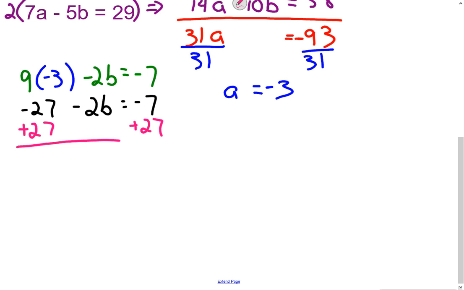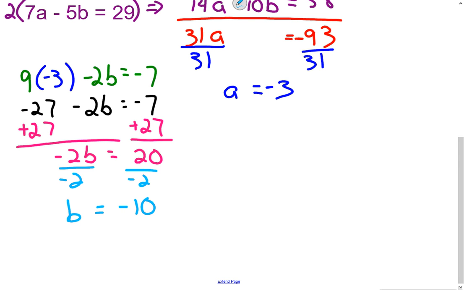And that's going to put me at negative 2b equal to, this will be 20. And now I'm going to divide both sides by negative 2. And I just found out that b equals negative 10.